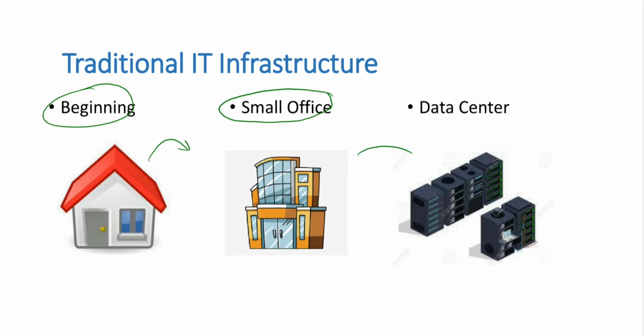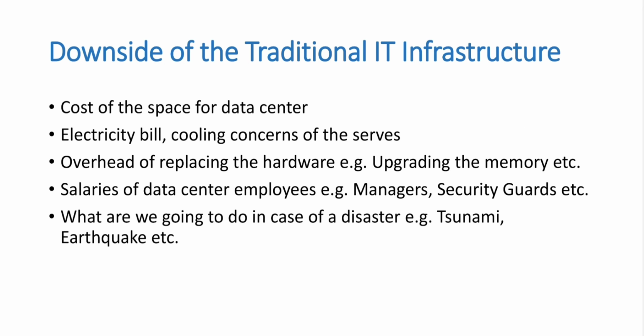But if they become a tech giant or a giant of some industry, then they need to have a data center, like giant companies such as Facebook and Amazon have. There is a lot of cost associated with maintaining a data center, which is a downside of traditional IT infrastructure, and because of which people are moving towards cloud computing architecture or infrastructure.